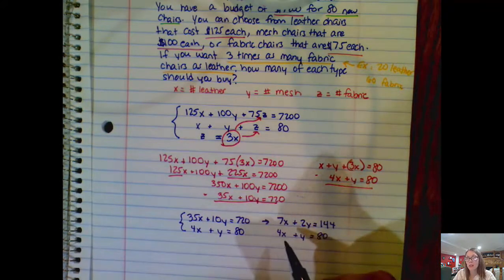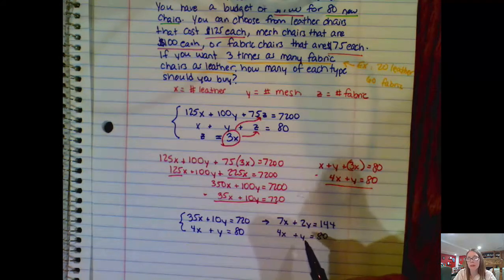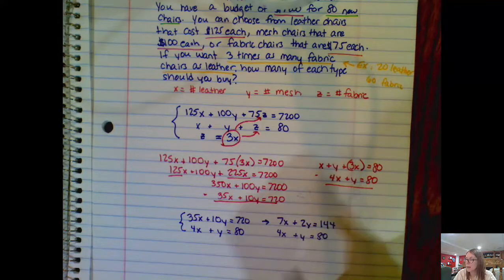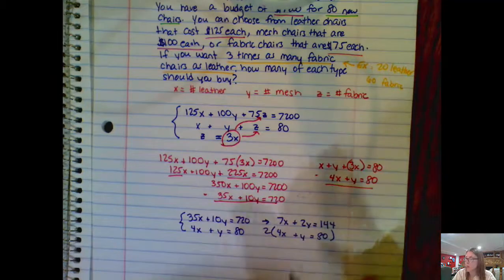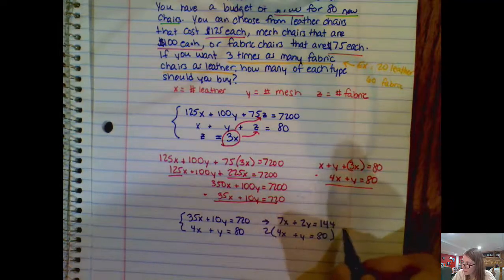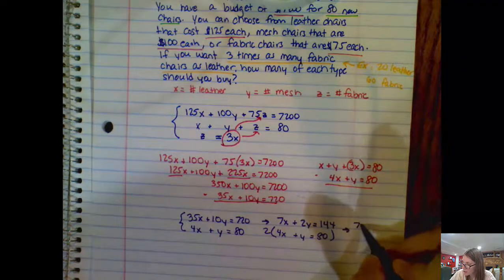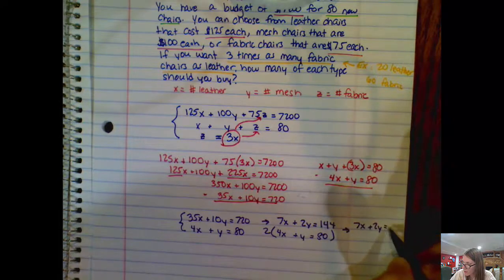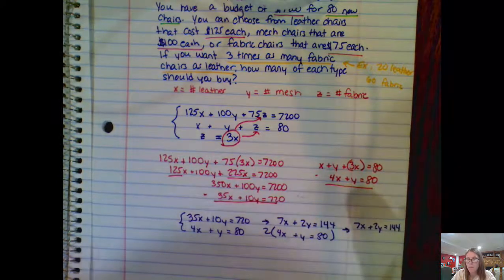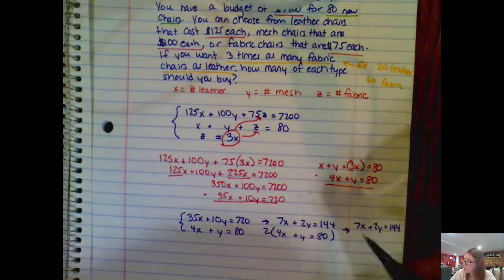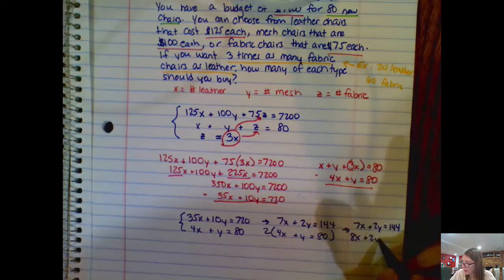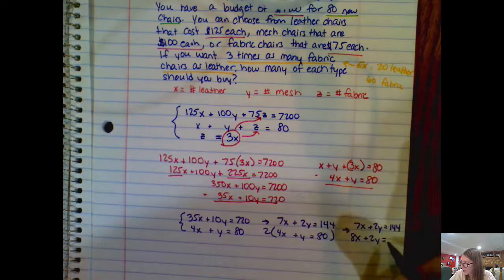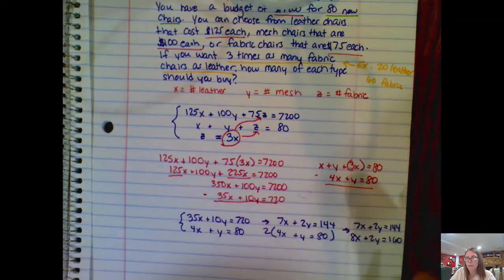So I'm actually really close to being able to eliminate something here. I have a 2y and a y. If I multiply this bottom equation by 2, then I'll have 2y in both places. So the top equation hasn't changed yet. In this bottom equation, 2 times 4x is 8x, plus 2y equals 2 times 80, which is 160.